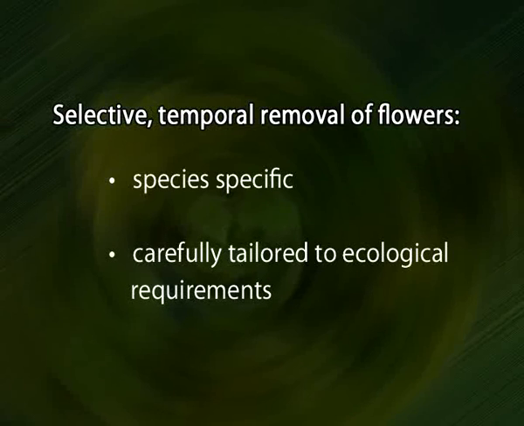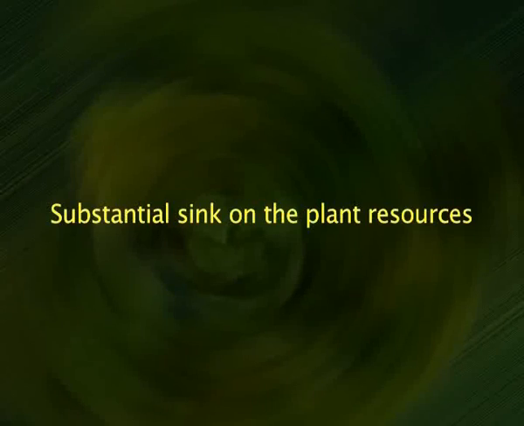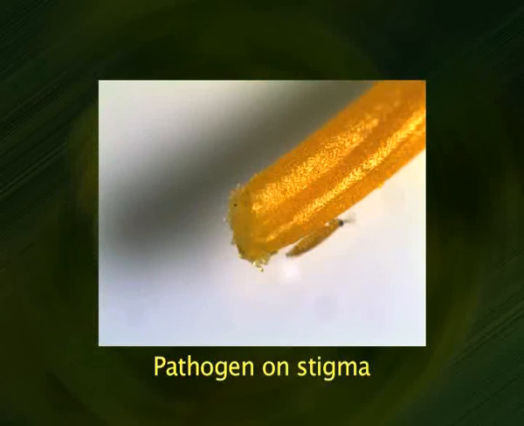Selective and temporal removal of flowers is species specific and carefully tailored to its ecological requirements. This is important firstly because flowers can be a substantial sink on the plant's resources and as such are energetically expensive to maintain beyond their useful life. In addition, the flower's architecture has been exploited by pathogens that use the stigma as a point of entry, and thus the flower poses an added risk of pathogen attack.